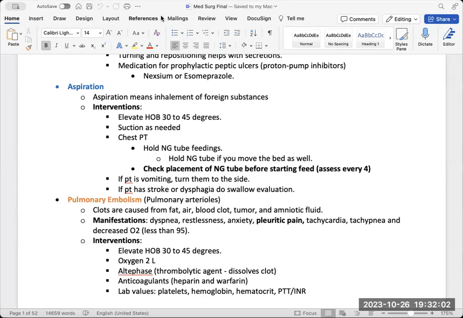What about if we want to do chest PT on a patient, right? And they have an NG tube. What should we do? Hold the feeds. Because they can choke. And how do we check the placement? You have to make sure you hear the whooshing sound when you put in air.